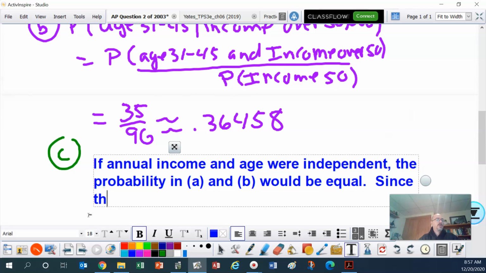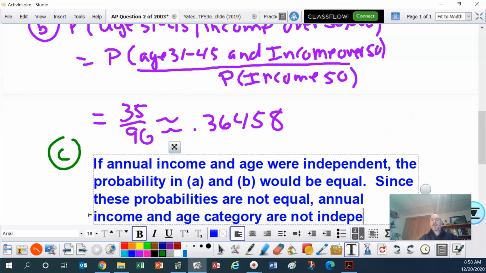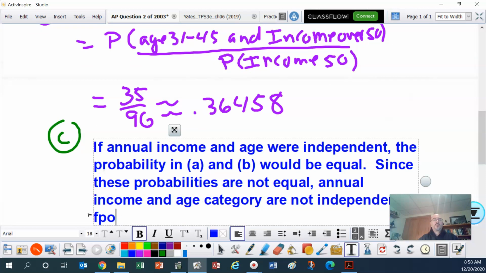Since these probabilities are not equal, annual income and age category are not independent for adults in this sample.